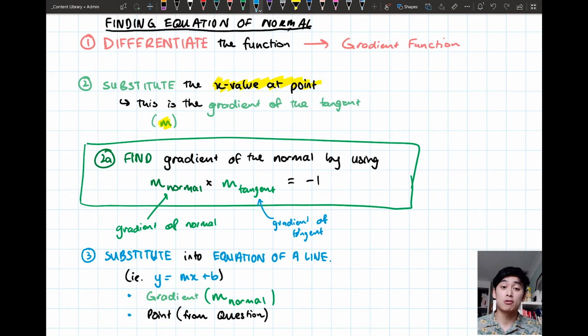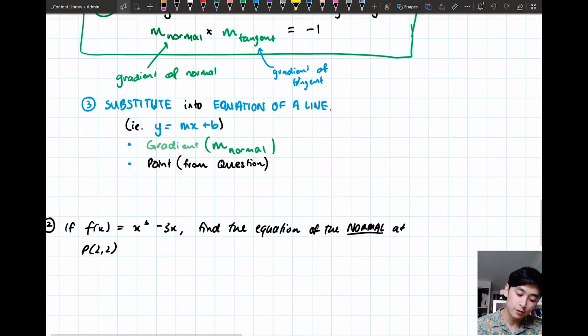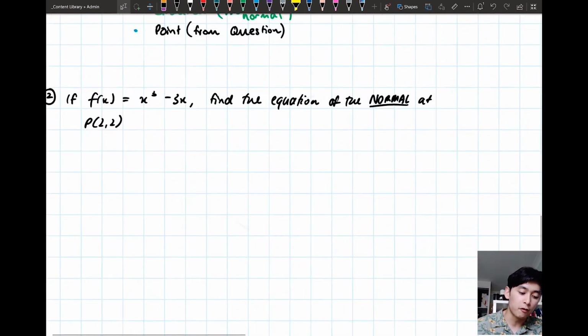We just need to rearrange that for the gradient of my normal. And like we did in the previous example, we're just going to substitute this into the equation of my line. I'm going to use y = mx + b. So let's have a go at this for the same example.